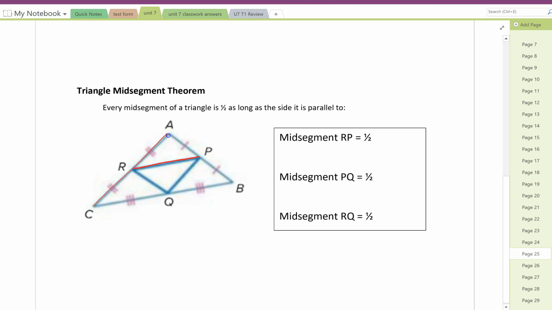Well, is it parallel to AC? No, I can see that they touch. Is it parallel to AB? No, because they touch. So the side that RP is parallel to is CB here. So RP is half as long as CB.